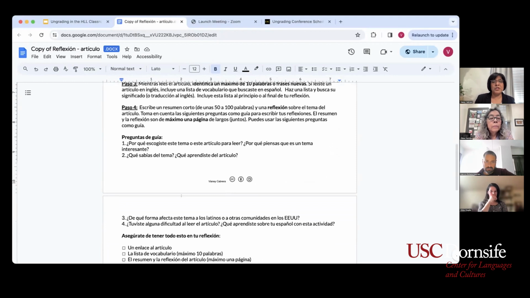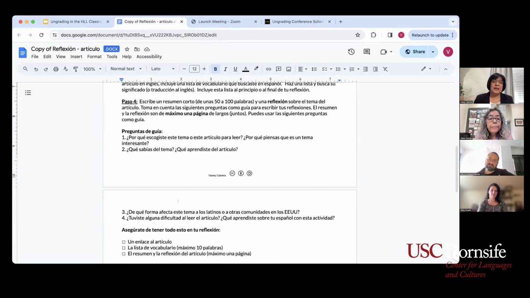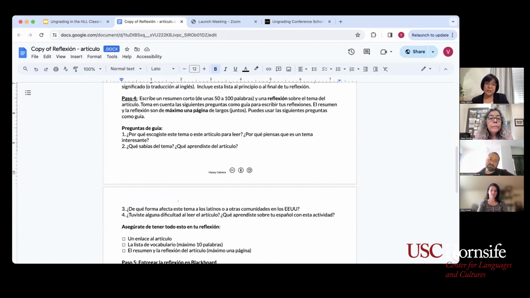There were open-ended questions to help them summarize, and to talk about what they knew about the topic already before reading the article, and to talk about why the content of the article that they read, for example, was important for Latinx communities in the US. And I asked them at the end also if they had any difficulty reading the article and what they learned. And that was the reflection portion of this activity.